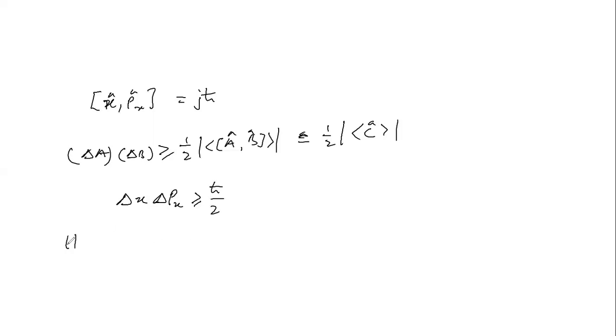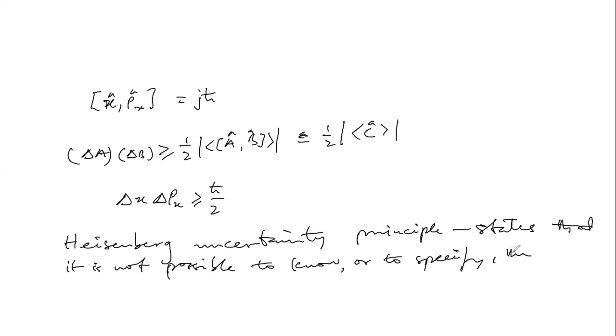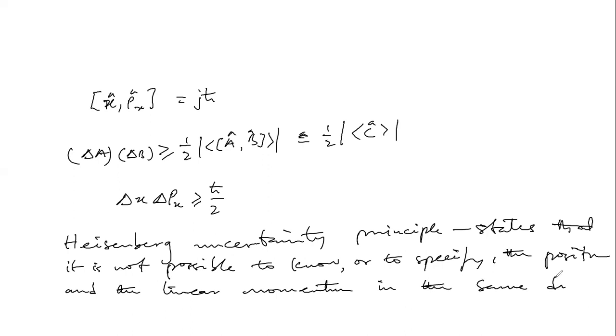So this brought us to the Heisenberg uncertainty principle, which states that it is not possible to know or to specify the position and the linear momentum in the same direction of the particle simultaneously.